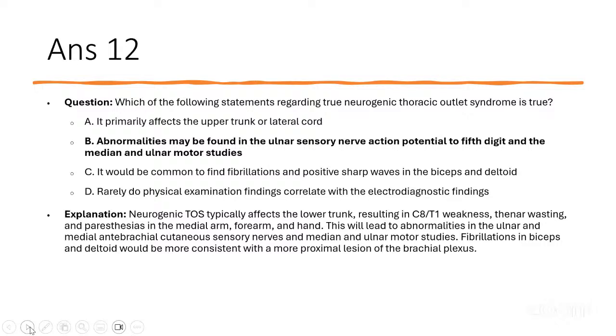Neurogenic thoracic outlet syndrome typically affects the lower trunk, resulting in C8-T1 weakness, thenar wasting, and paresthesias in the medial arm, forearm, and hand. This will lead to abnormalities in the ulnar and medial antebrachial cutaneous nerves and median and ulnar motor studies. Fibrillations in the biceps and deltoid would be more consistent with more proximal lesions of the brachial plexus. So that is not a correct answer.